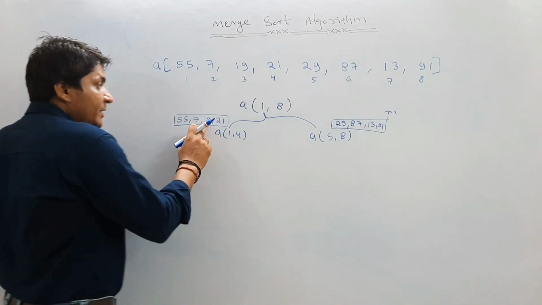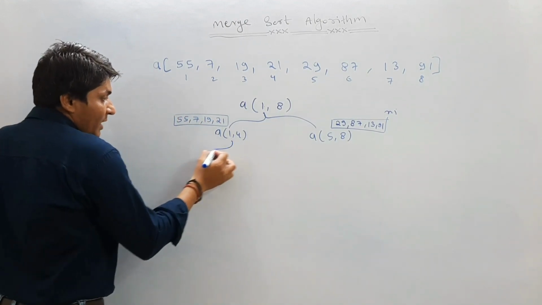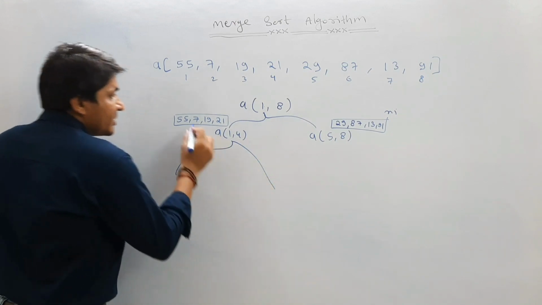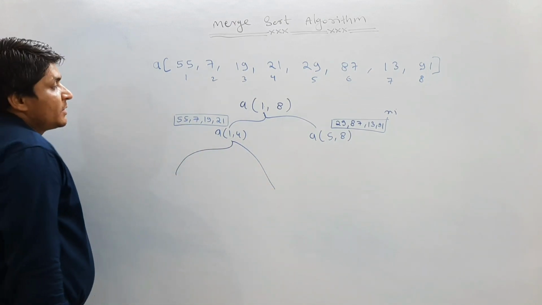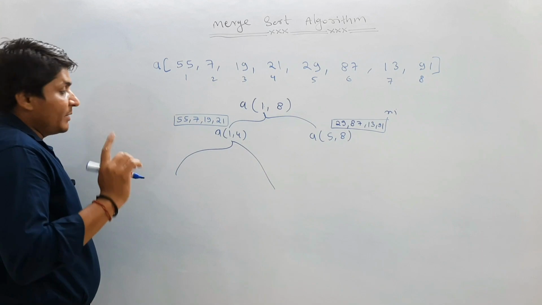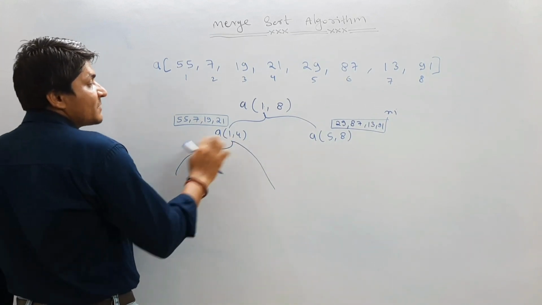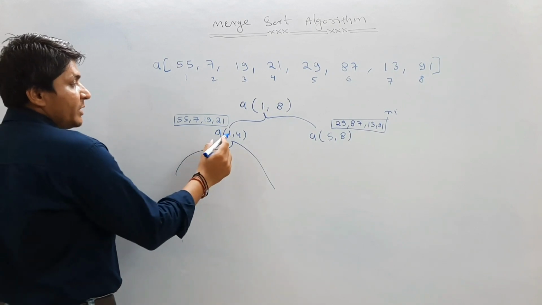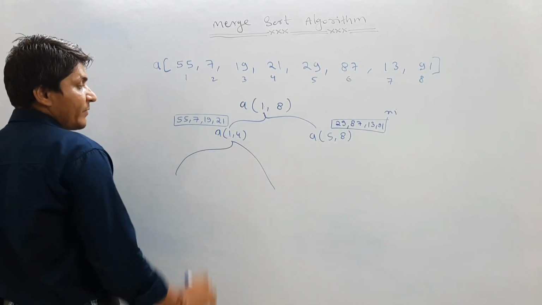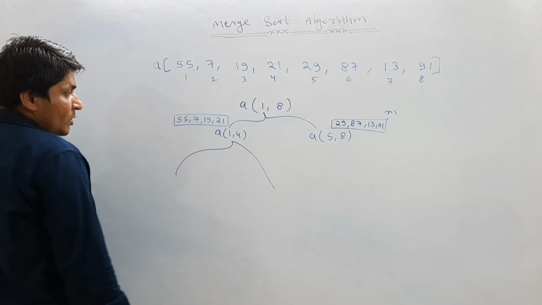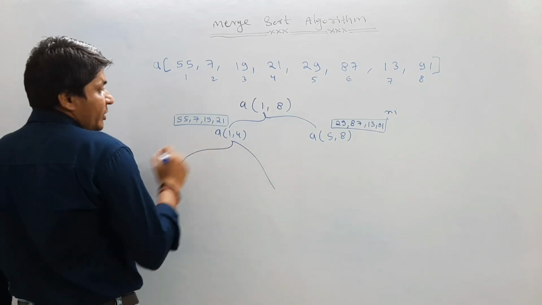So again you are going to divide this into 2 parts, because this array now contains 4 elements. We will divide up to 1 element. So let us divide this into another 2 parts. So 1 plus 4 is what? 5. Again we are going to calculate mid. 5 divided by 2 is 2.5, and you can take the floor value.